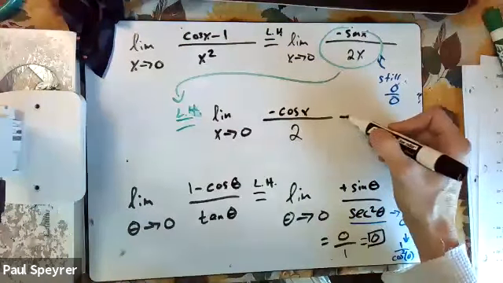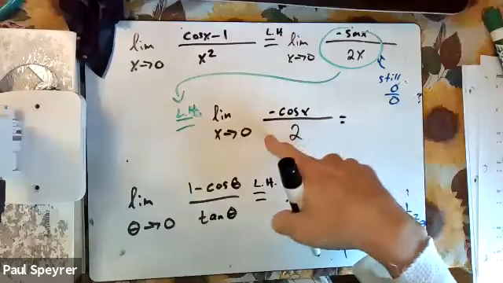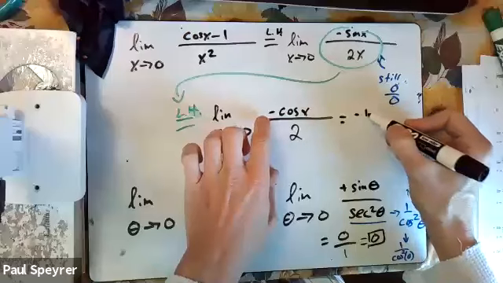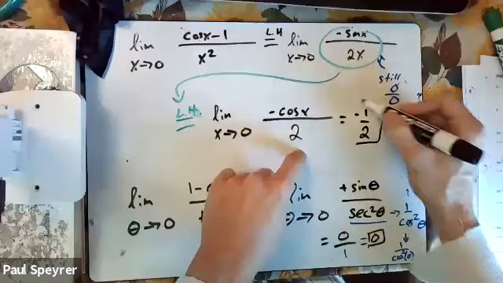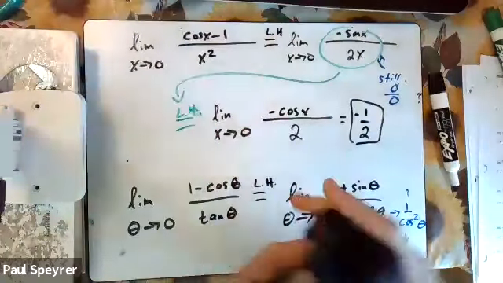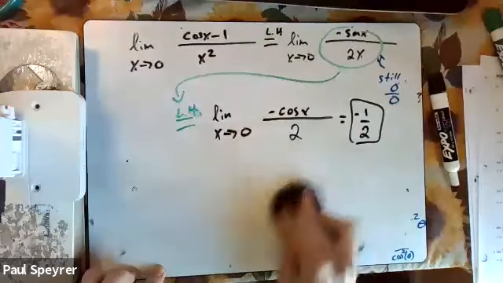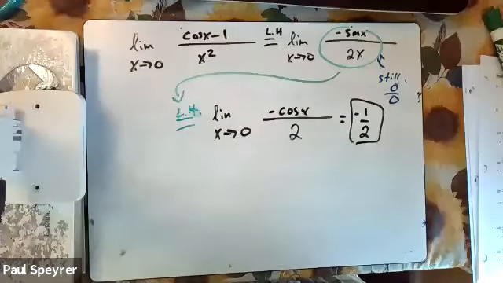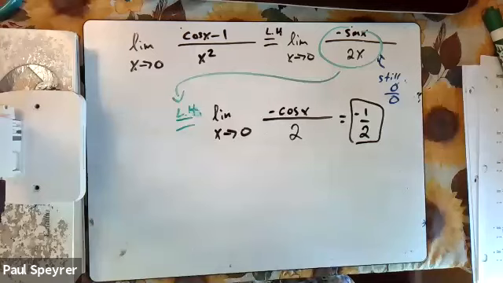Now, if we plug 0 in, what do we wind up with? Remember, cosine of 0 is 1. With the negative out there, that makes it negative 1, and the bottom still 2. So your limit is negative 1/2. So yes, completely possible that you get the L'Hopital multiple times, okay? It just depends on what your expression is.